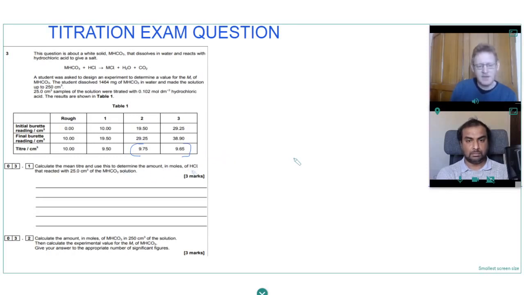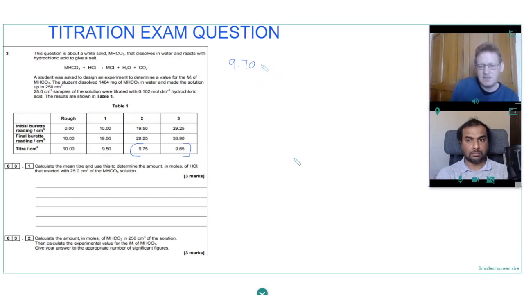And then it says determine the amount in moles of hydrochloric acid. So we know our volume from the titration of hydrochloric acid is 9.7 centimeters cubed.